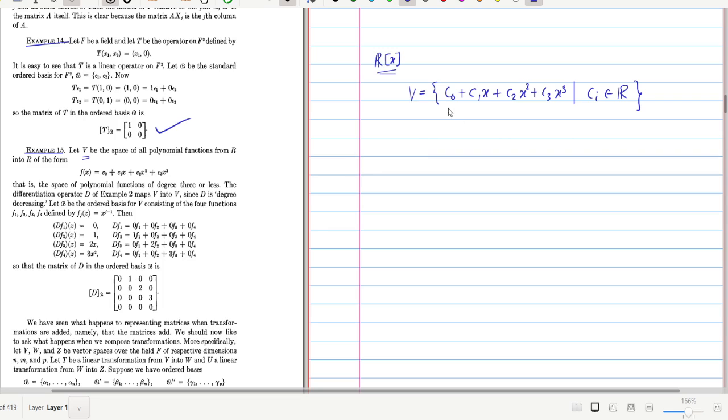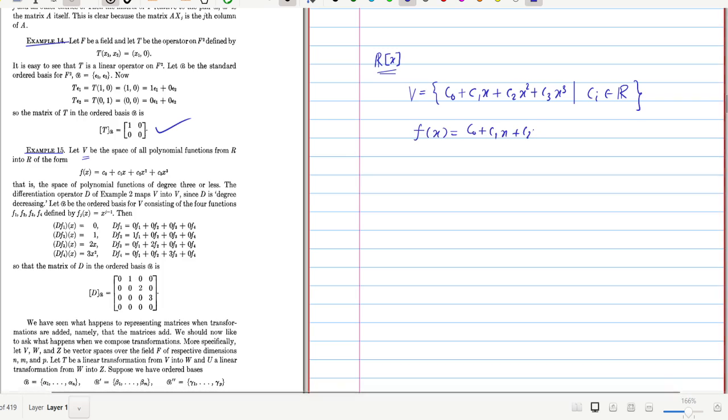Now, this is an arbitrary element. We represent that arbitrary element as f(x) equals c0 plus c1x plus c2x square plus c3x cube, and we define a linear operator D. D is the differential operator.